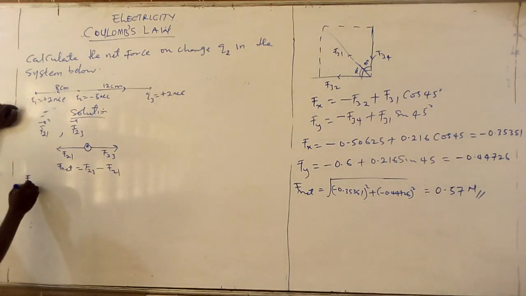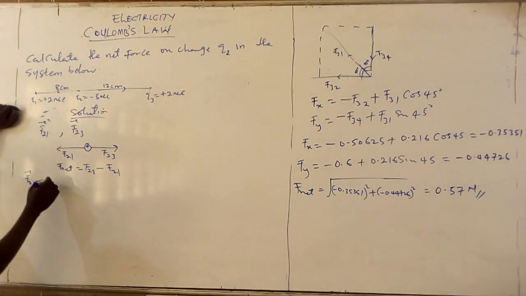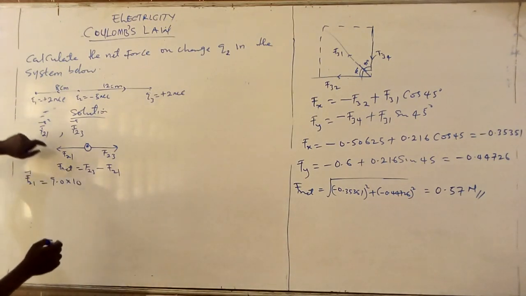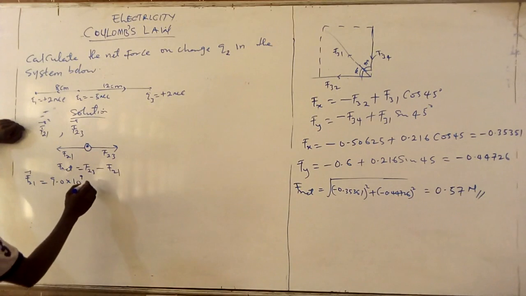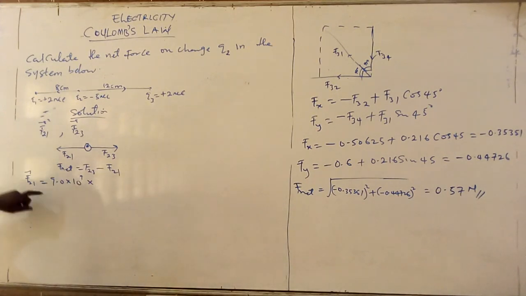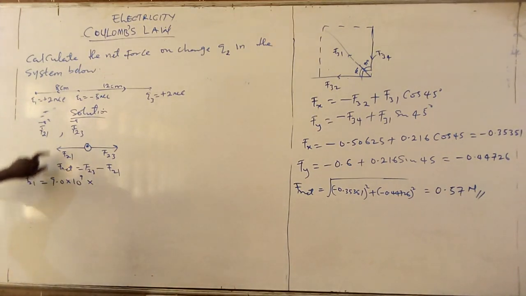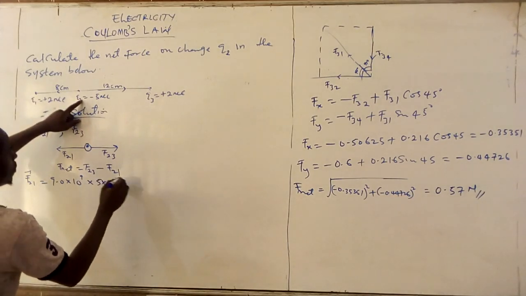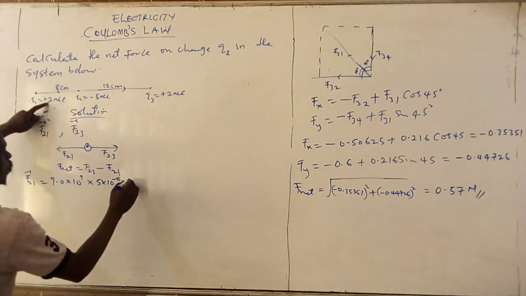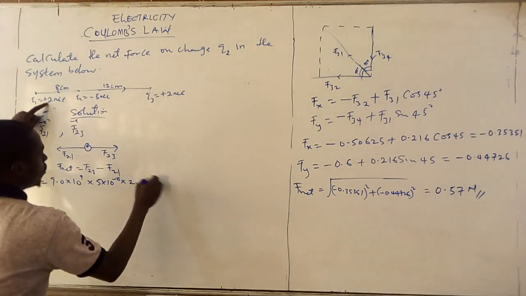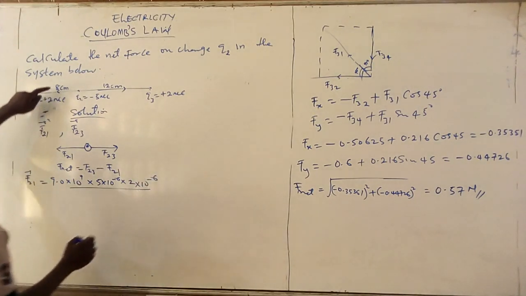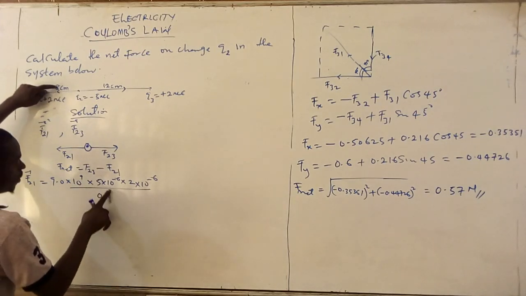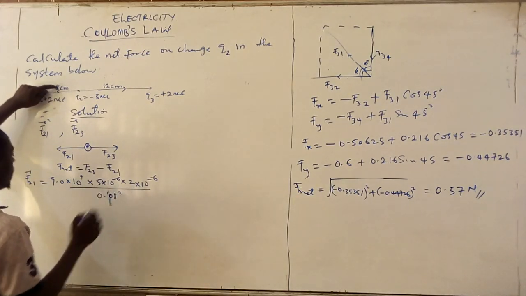So now we need to calculate the force. The force between F21 will be equal to what? 9.0 times 10 raised to power 9 multiplied by 5 times 10 raised to power minus 6 multiplied by 2 times 10 raised to power minus 6 divided by, if we convert this one into meter, we are going to have 0.08 square.